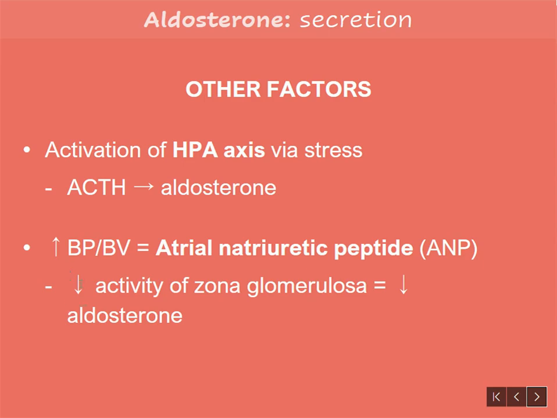By decreasing the activity of these cells, it means that these cells will decrease their secretion and release of aldosterone, and with a decreased release of aldosterone, it then means that blood pressure can be restored and decreased in response to the increased stimulus. So this is an inhibitory factor that influences the release.